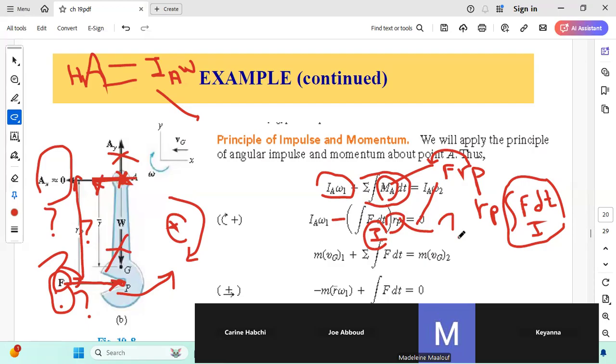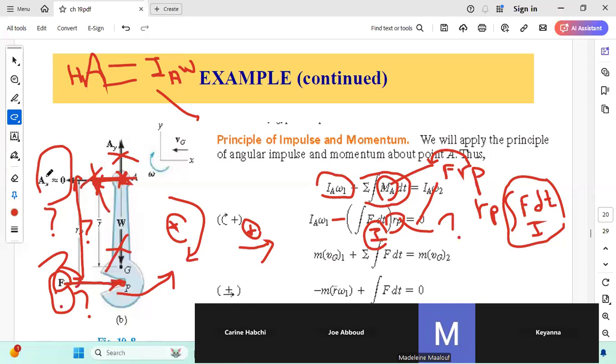If we do this for the following system, if we consider the x direction, what do we have in the x direction? They want us to design the system in a way to not have this horizontal force, so Ax should be 0.